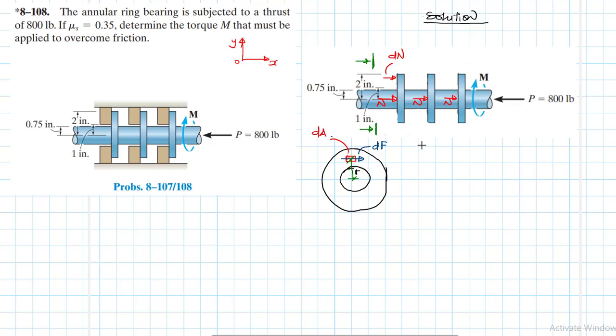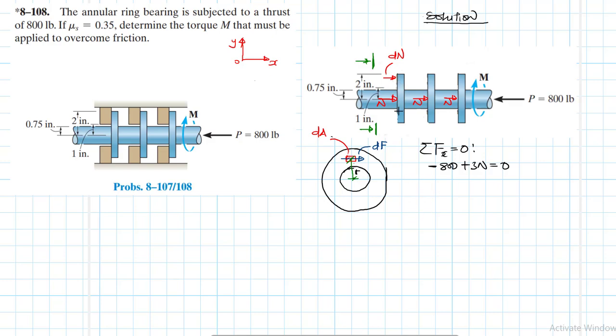Now let me write the equations of equilibrium. We're going to have two. Summation of forces in the x direction, considering my coordinate system, equal to 0. So I have minus P, which is 800, plus 3N equal to 0.